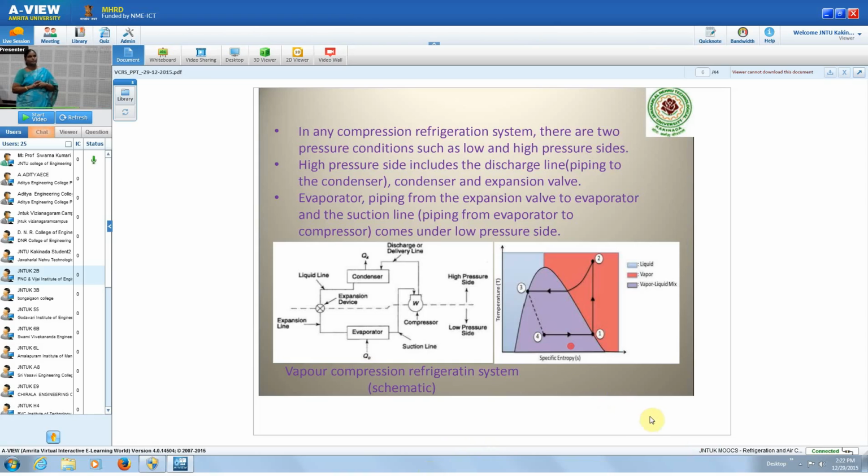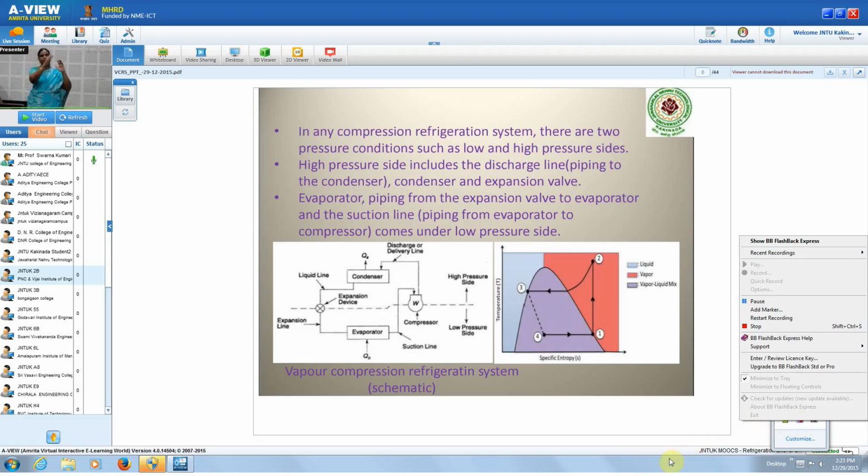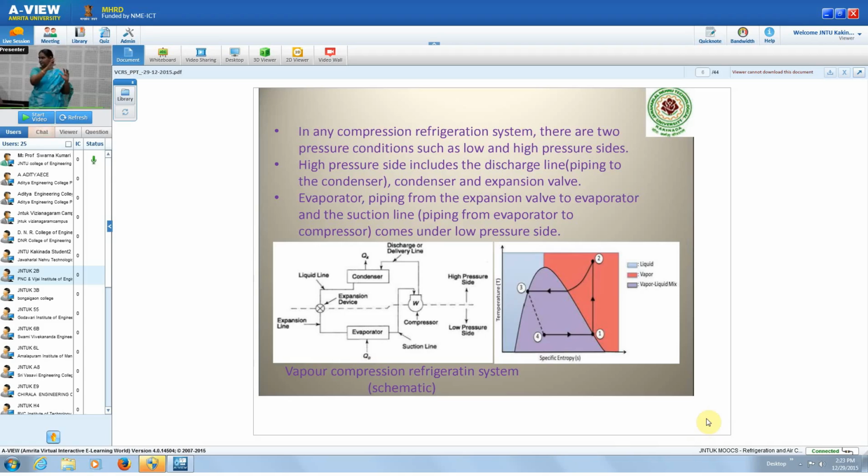Wet compression means that at the suction of the compressor, the refrigerant is in the liquid-vapor state, to the left of point 1. Even after compression, point 2 is within the curve. It has some dryness fraction, which is always less than 1.